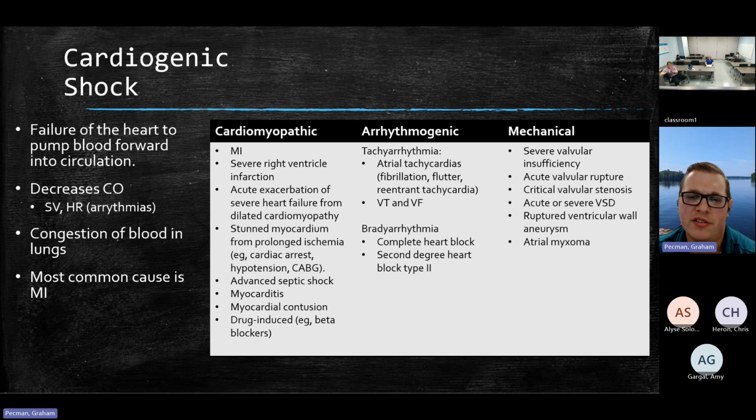There's mechanical causes: ruptured valves, prolapsed valves, ruptured myocardial walls or septums. And then you have your arrhythmias, so your VT, atrial arrhythmias, and your bradyarrhythmias. So those are all encapsulated under this cardiogenic shock umbrella.